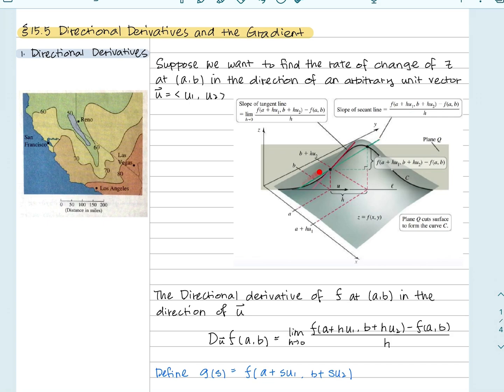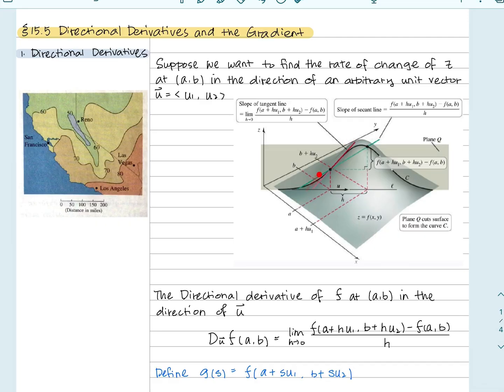Then for the second line, the slope, we can use f of a plus h u1, b plus h u2, the function value at this point, minus the function value at the original point a, b, and that's delta z, over the change of the parameter, h. That's the slope of the second line.